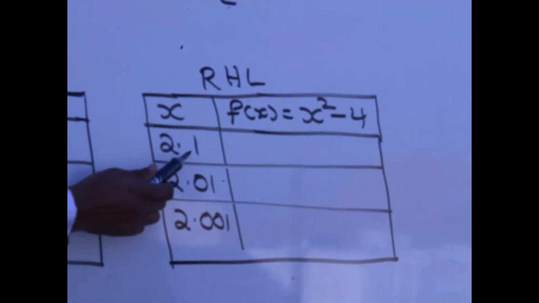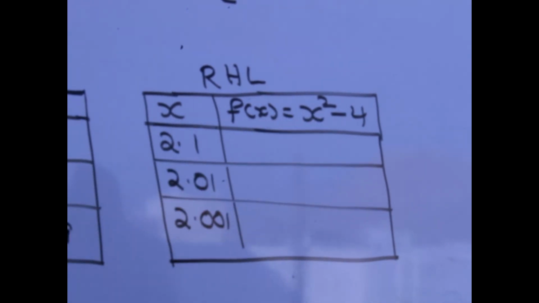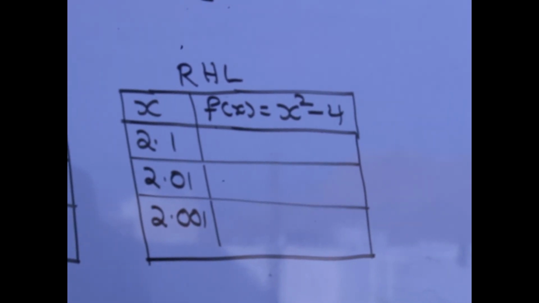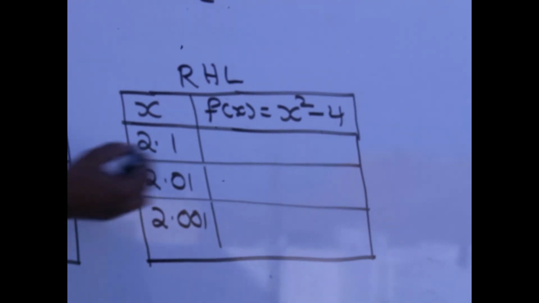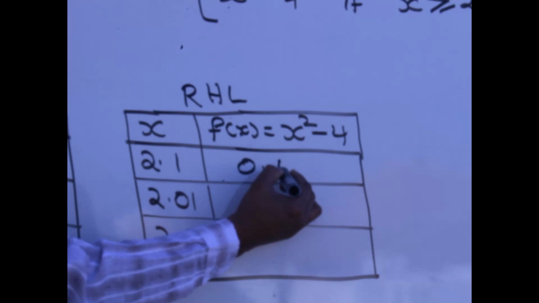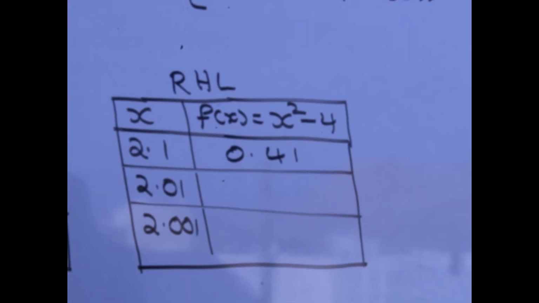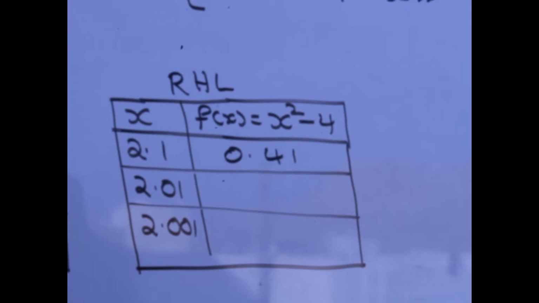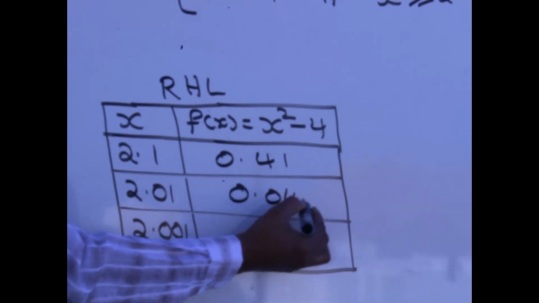We have the value 2.1, and we have to consider x square minus 4, as I told you before. Here we will get the value 0.41. If you consider x equal to 2.01, you will get the value 0.041.